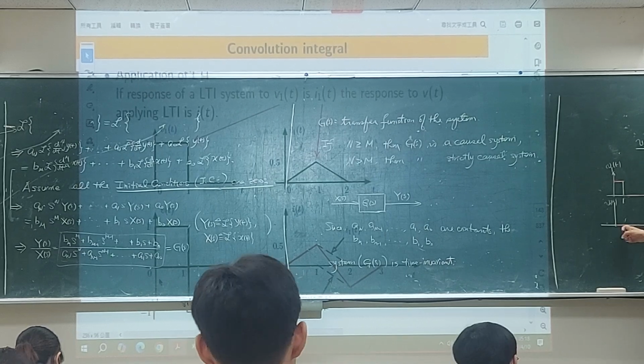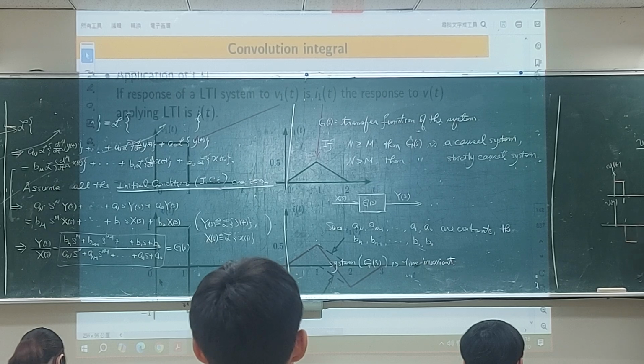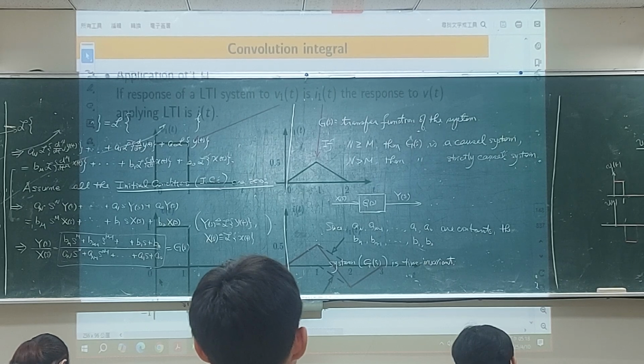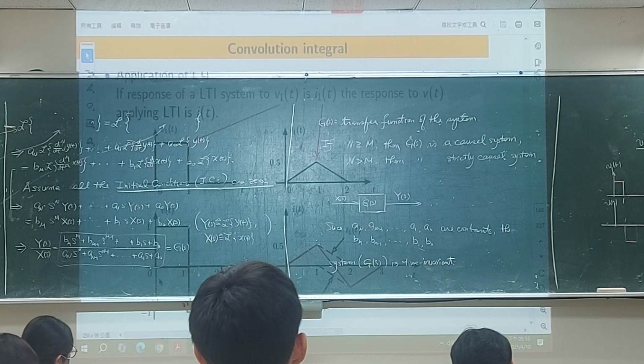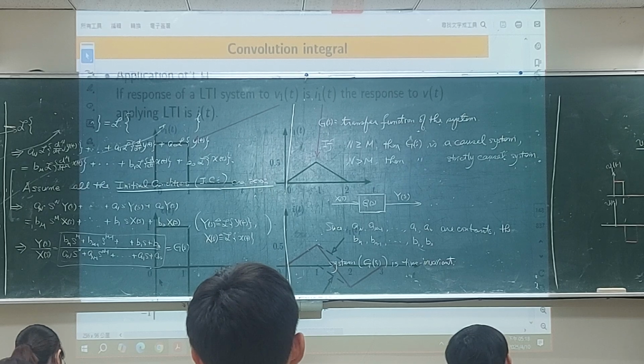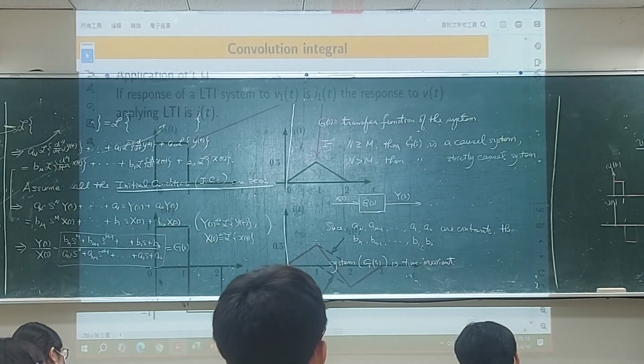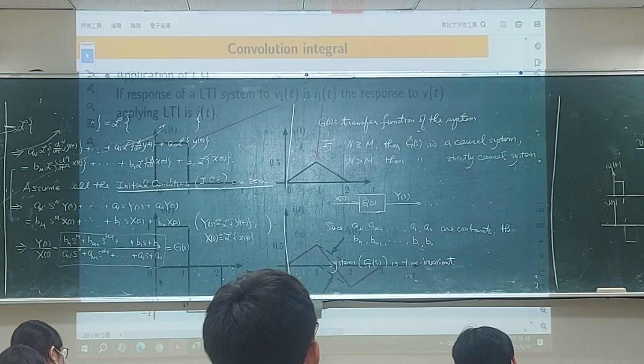If later on, 1 second later, I input another signal, then we call this V2. Okay? And then you can imagine that this will be my output. Okay, 1 second later. This will be my output.